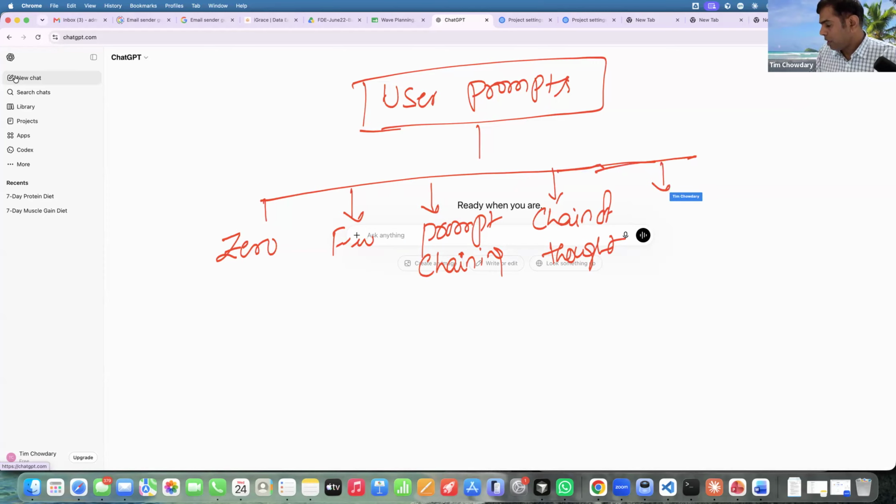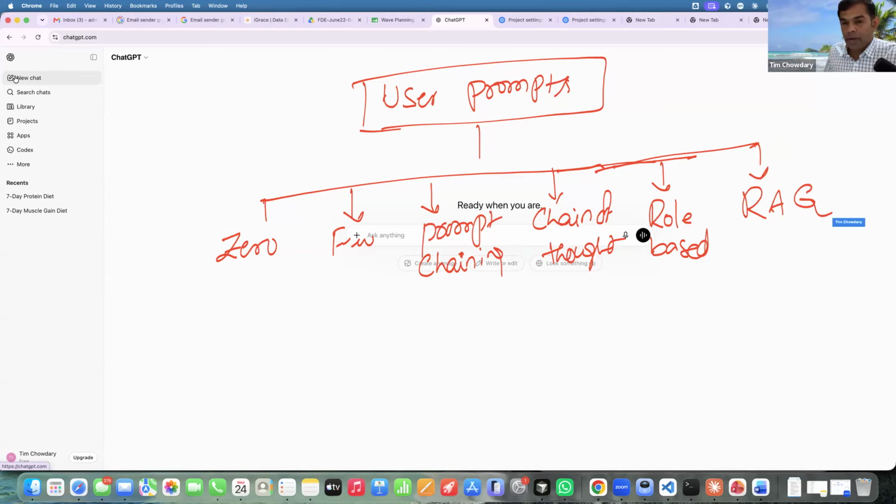The other one is role-based prompting, right? The last one is, of course, RAG-based prompting, right? These are the few important types of user prompts. Okay. Now let's try to understand what is zero-shot prompting.